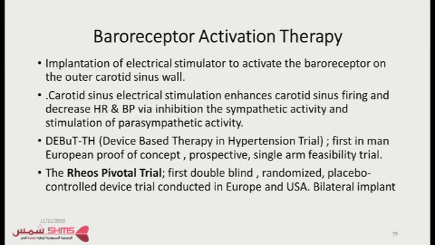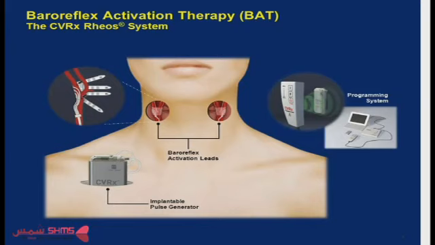The baroreceptor activation therapy, this is based on implantation of electrical stimulator to activate the baroreceptors. We have the carotid sinus stimulation, and we have two evidence, Rheos pivotal trial. What they do, they implant two electrodes along the baroreceptors, and they have here a generator, and they try to activate the baroreceptors.